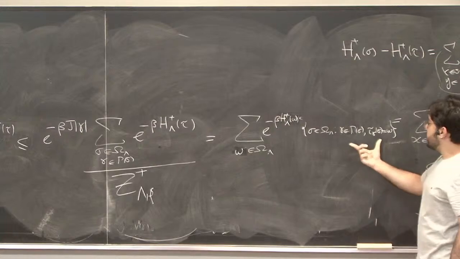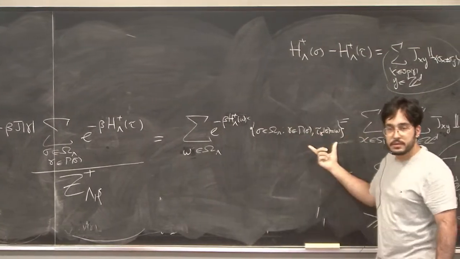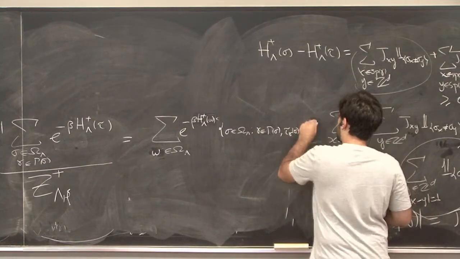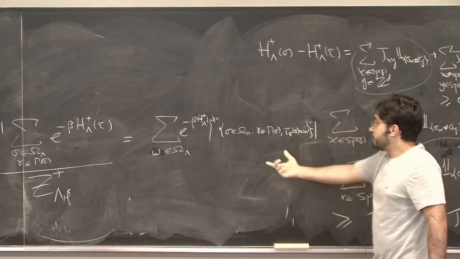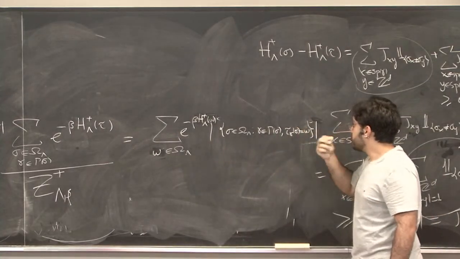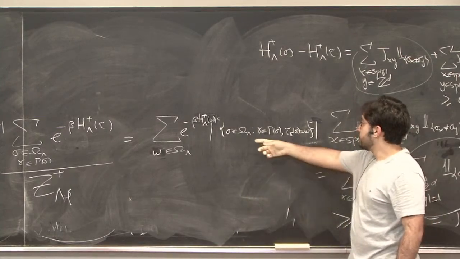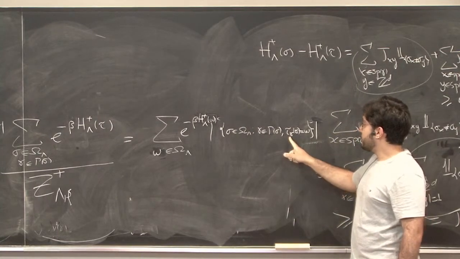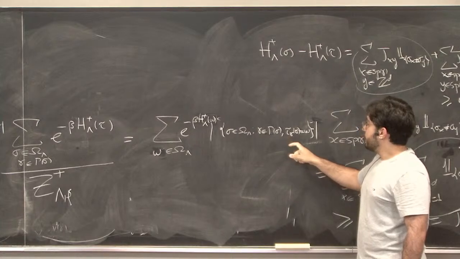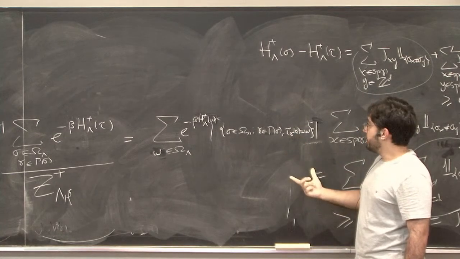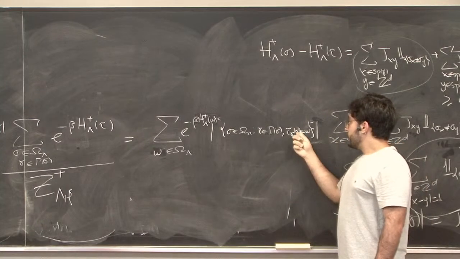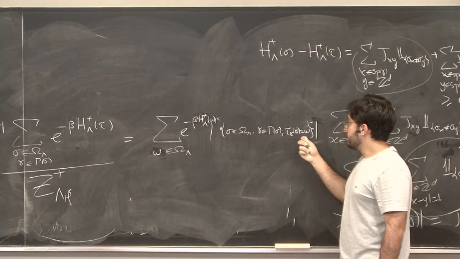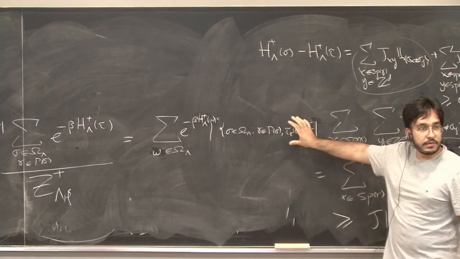And you can notice that for many configurations omega, this quantity will actually be zero because the set will be empty. Okay, because for instance, if omega is a configuration that has different contours from sigma, it can be very different. Then since the map tau fixes the configuration outside the volume of gamma, if the configuration omega doesn't match with the configuration sigma, then the set is empty.